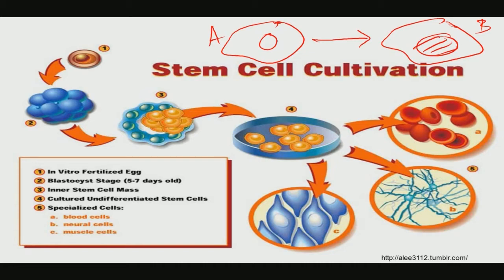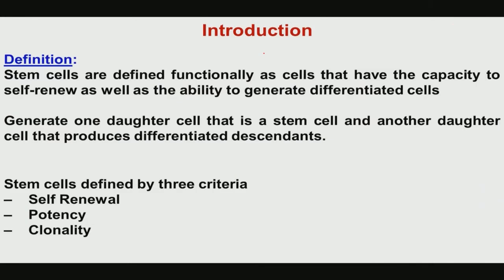In this particular module I will discuss the stem cell differentiation process, and for this purpose I will also introduce what is the definition of stem cell, how stem cell is different from other cell types, what are the different types of stem cells, and how they are differentiated to other cell types.